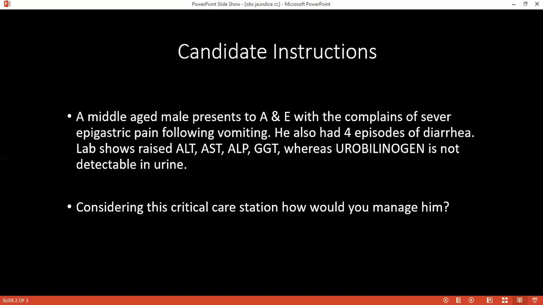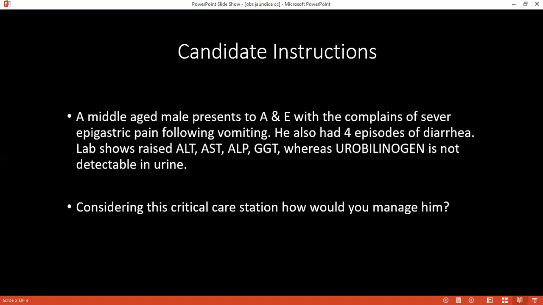Can you tell me, out of all these labs which you can see here, which lab is most important, which would be worrying for you as to why this patient has this lab deranged or raised? Alkaline phosphatase, because it is released from the epithelium of the bile canaliculi, the bile duct.